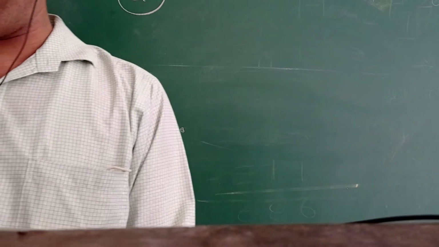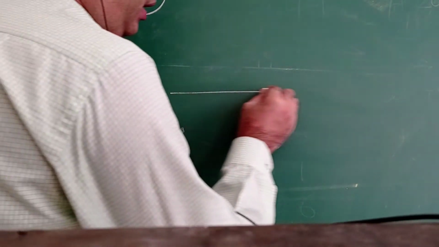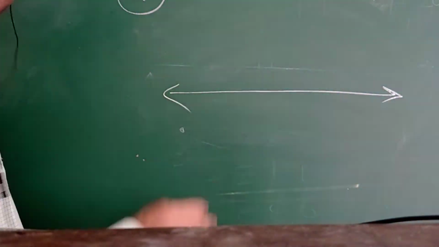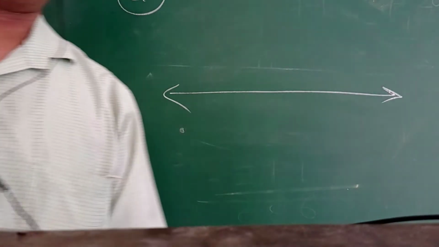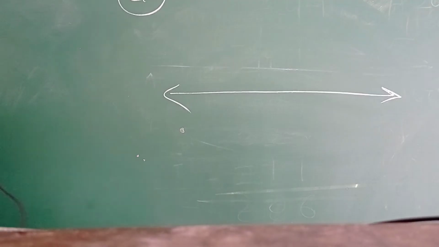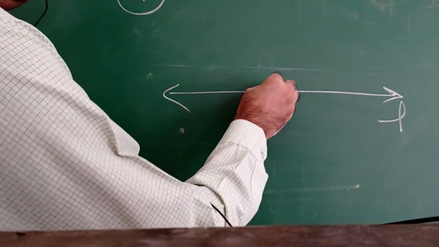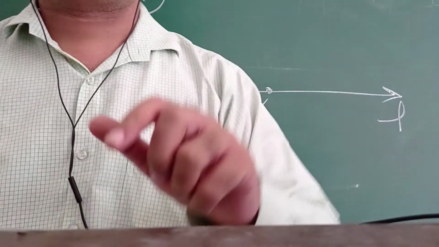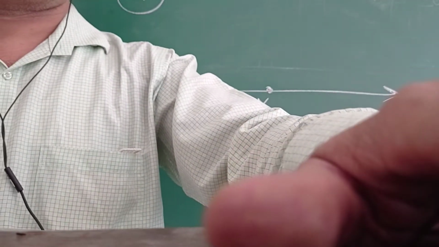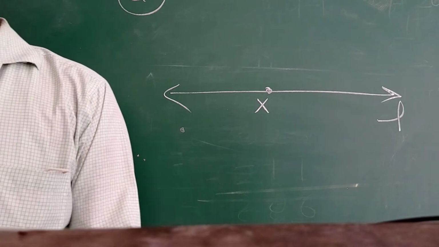Draw a line L and a point X on it. You have to draw a line L and you have to take point X on it.